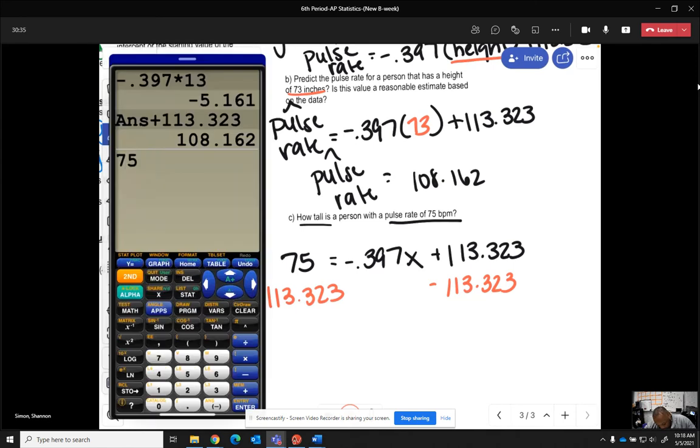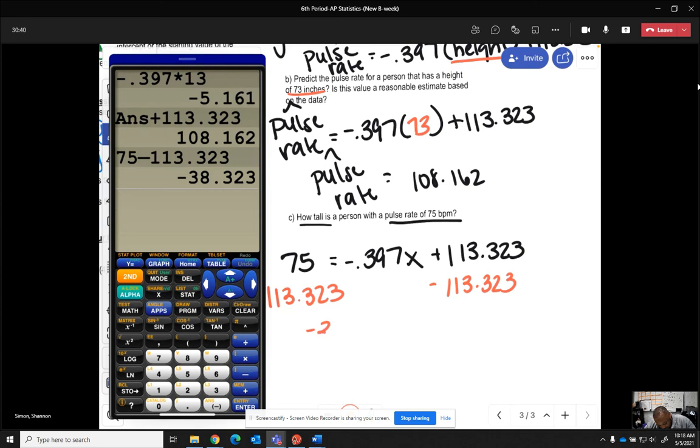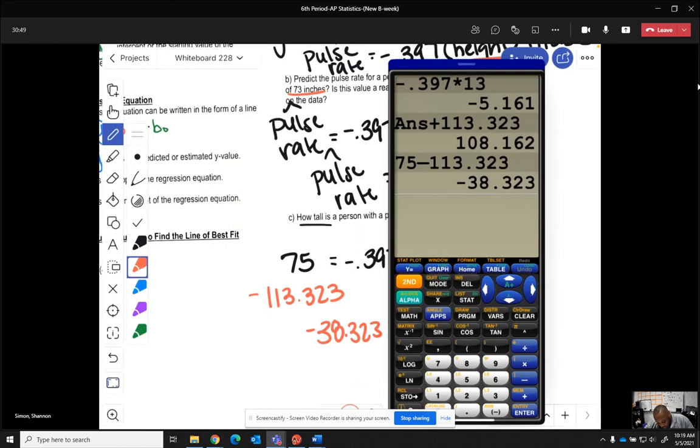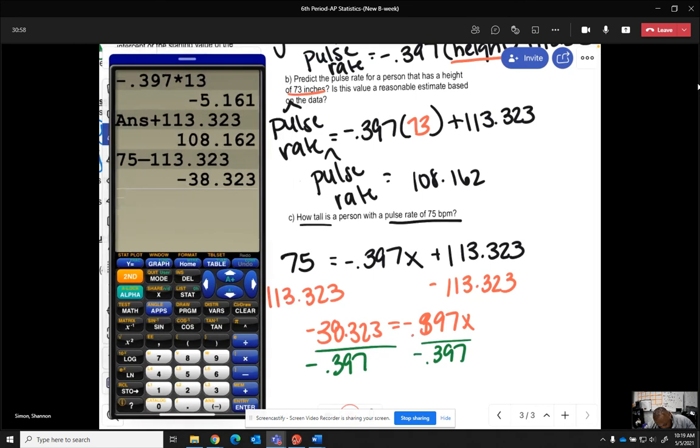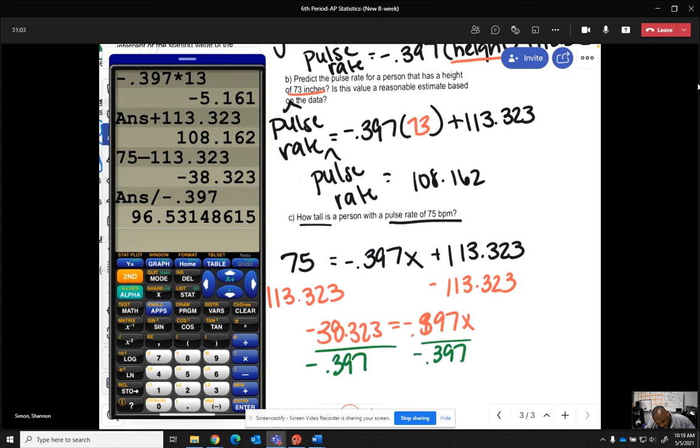So I do 75 minus 113.323, I get negative 38.323 is equal to negative 0.397x. I'm going to divide everything by what's in front of x, so divide this by negative 0.397. And I get a height of x equal to 96.53 inches.